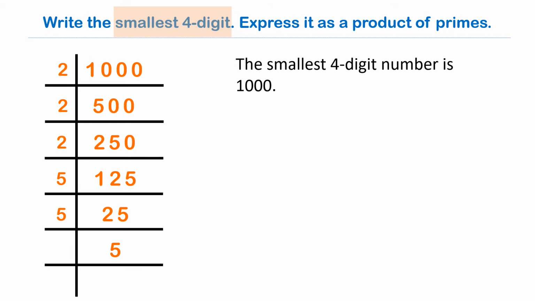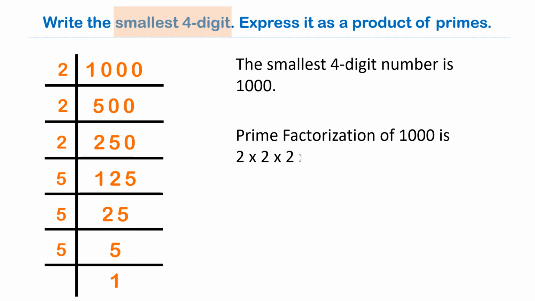So it has only two factors, 1 and 5. So write 5 to the left of 5 and divide. We get 1. If we get 1, it means our prime factorization is over. So the prime factorization of 1000 is 2 into 2 into 2 into 5 into 5 into 5.